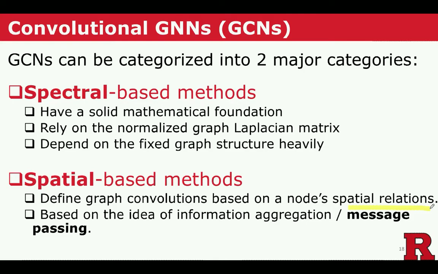So those methods inherit the ideas of information aggregation, or called message passing, to define graph convolutions. Spatial-based methods have developed rapidly recently due to their attractive flexibility and generality.